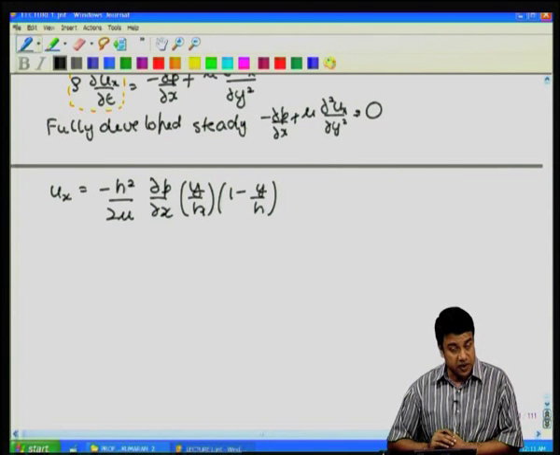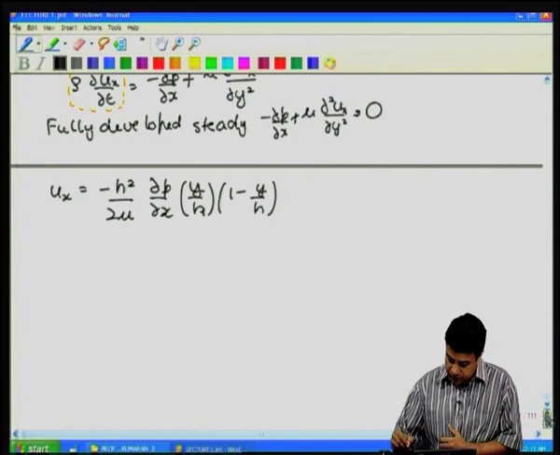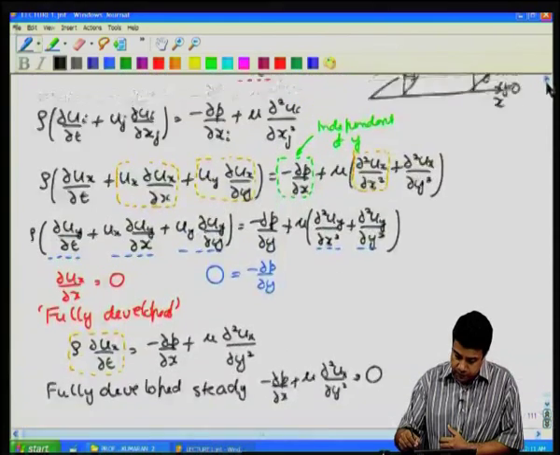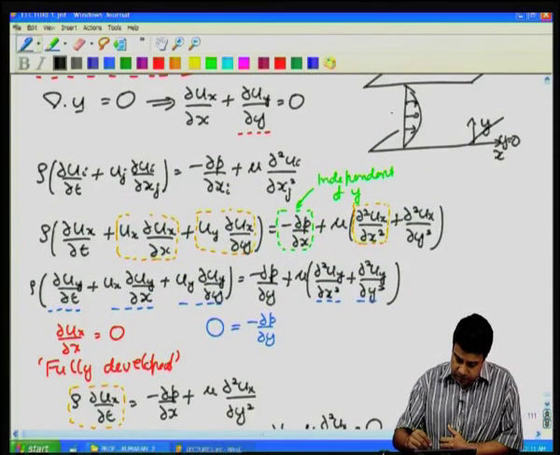There is a maximum value of the velocity at y is equal to h by 2. The velocity is a maximum exactly at the center of the channel, h by 2.